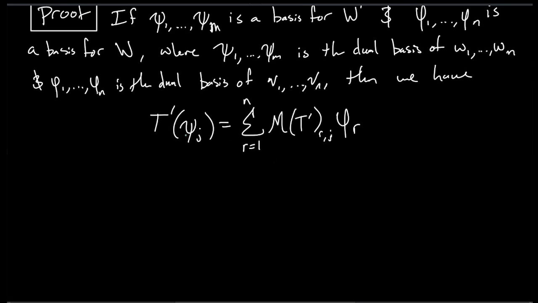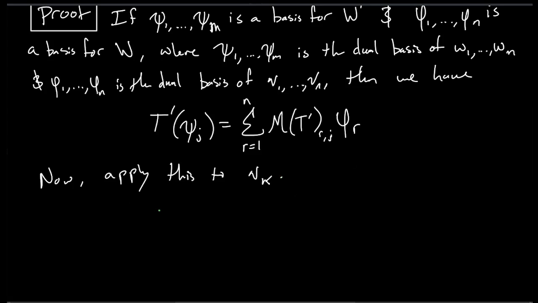It says that when you map through the jth basis vector, you can write this as some linear combination of the other basis vectors. The coefficients are just the things in the jth column of the matrix. All right, cool. Now apply this to Vk.